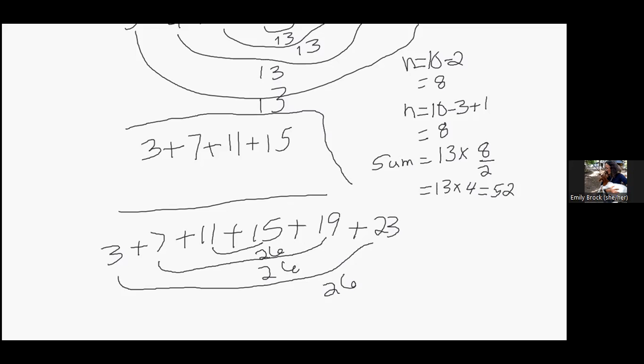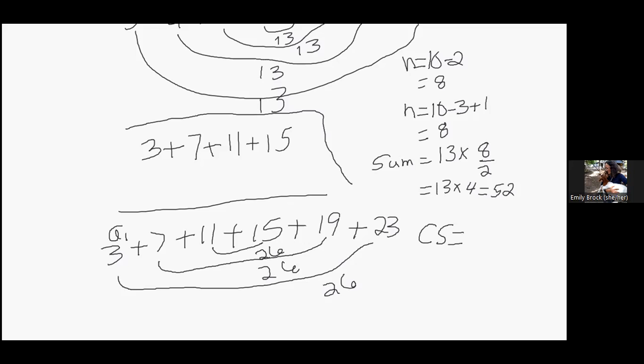Common sum is still the first plus the last, but I'm going to give you a little more terminology just to make it a little easier. I know sometimes I call it F plus L, but I'm going to give you the sequence terminology. The first term is usually notated A sub 1, and then 2, 3, 4.